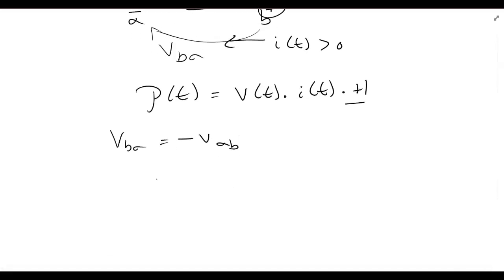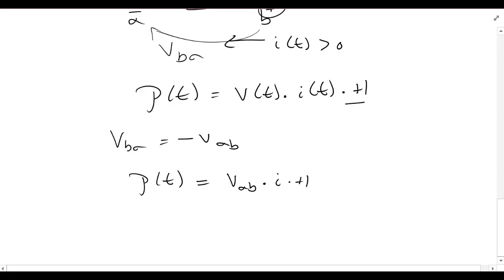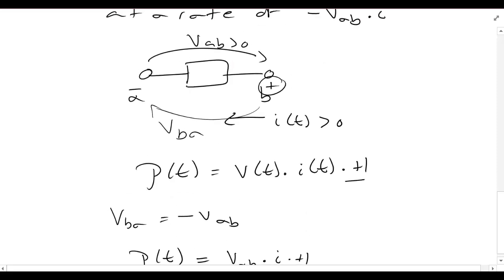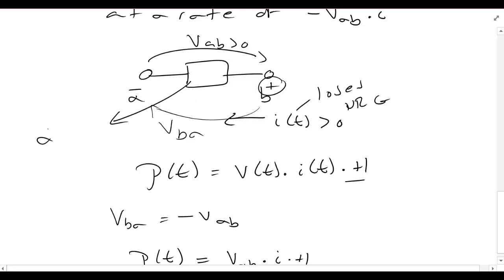To do so, power of t in this particular case is going to be VAB times I times positive 1. Why? The current is entering the high energy terminal and leaving the low energy terminal, which means the current loses energy and the element absorbs energy.